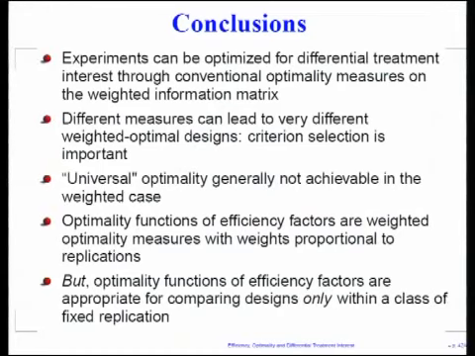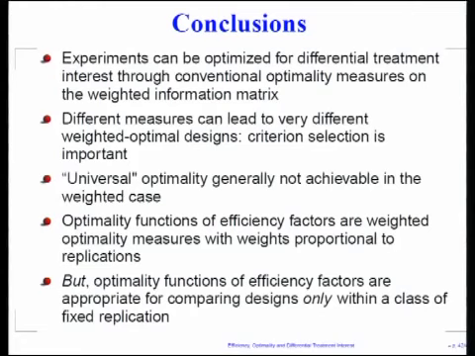So conclusions: experiments can be optimized for differential treatment interest through conventional optimality measures on the weighted information matrix. Different measures can lead to very different weighted optimal designs, so criterion selection is certainly important. Universal optimality generally is not achievable in the weighted case. Optimality functions of efficiency factors are what?